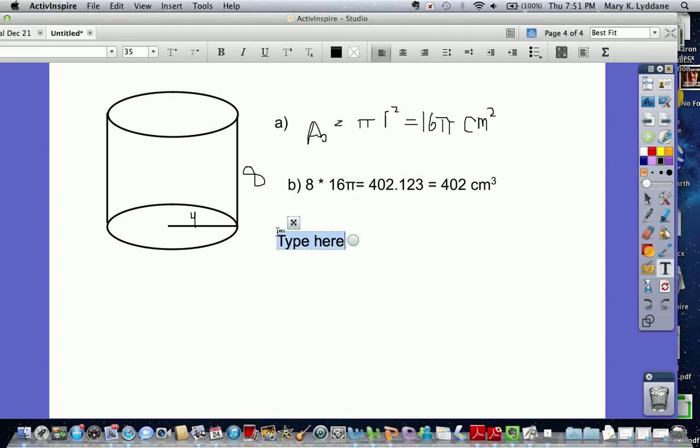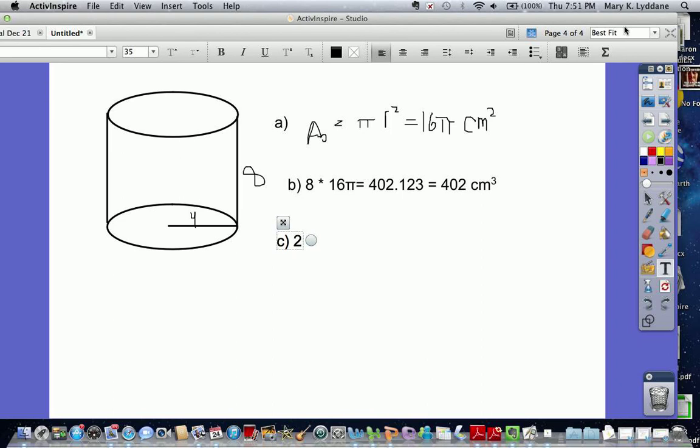Alright, now in part C, we're asked to find the total surface area of the cylinder. So remember, the surface area of the cylinder is 2 circles, so 2 times pi times the radius squared.